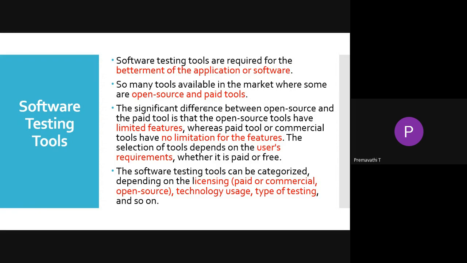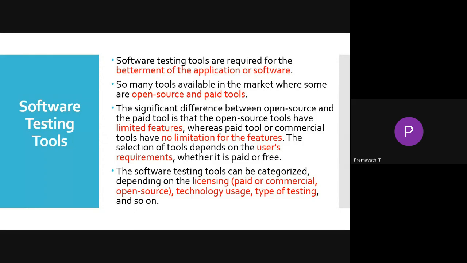If the user can choose higher-cost products, then we check all the properties and features given in the requirements. So according to their requirements, we have to select the tool. It may be a paid version or the free version.